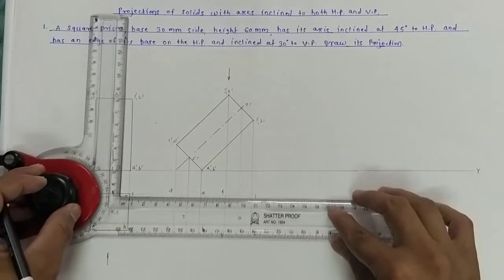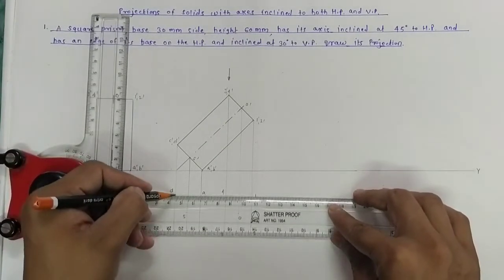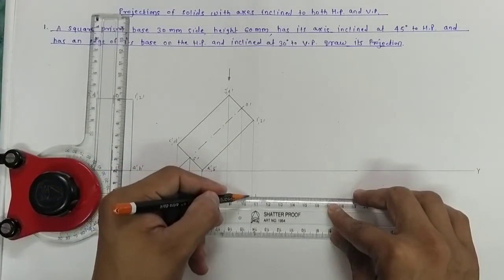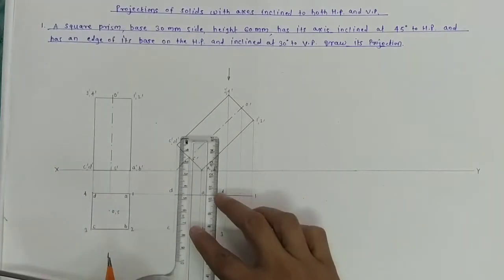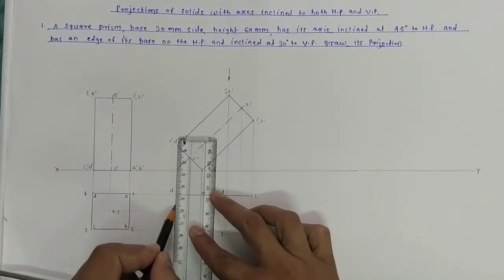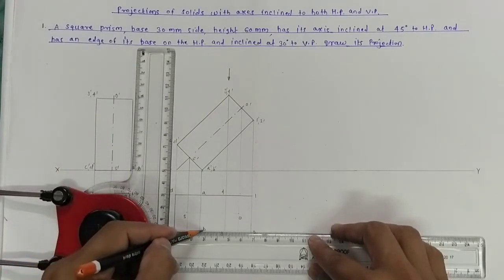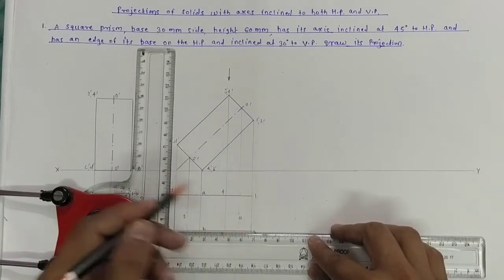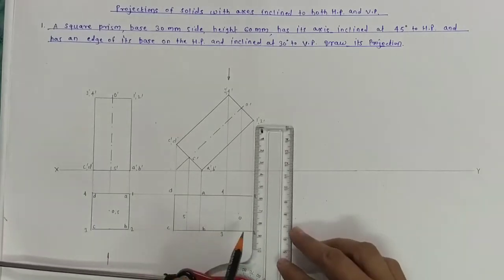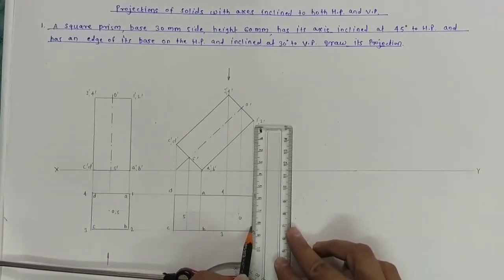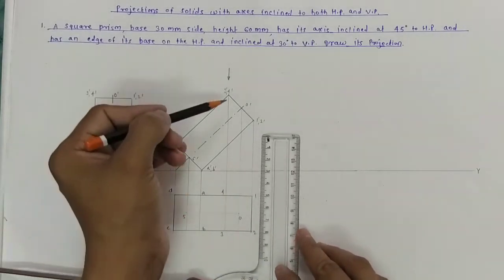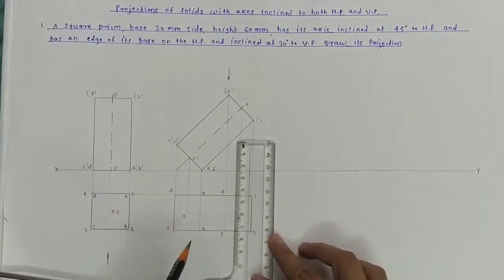So the outline of the square prism is a dark line or visible line. When you are looking from top, this top surface is dark.